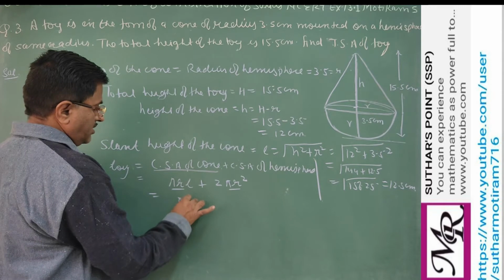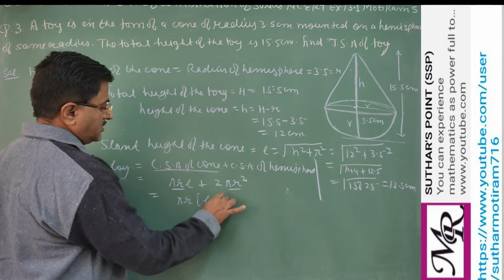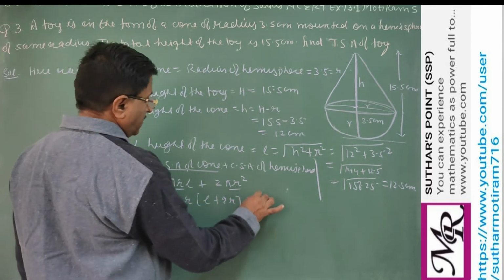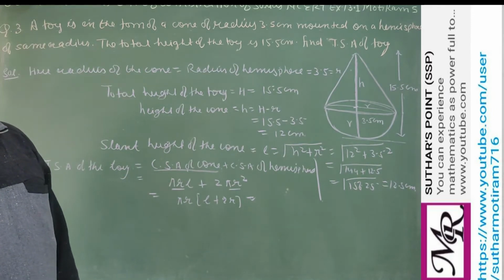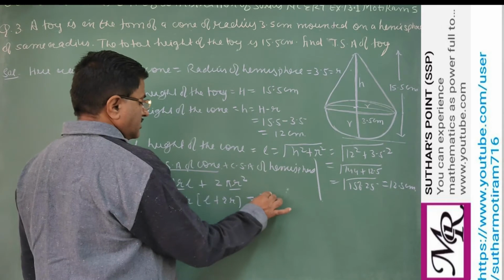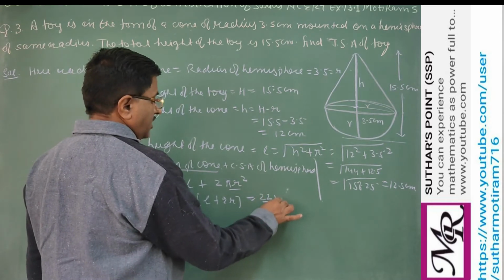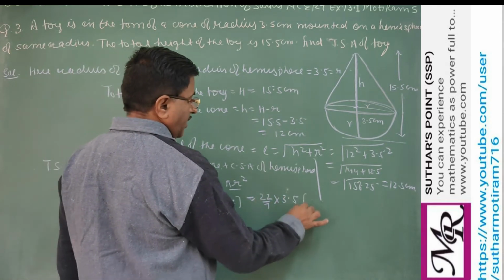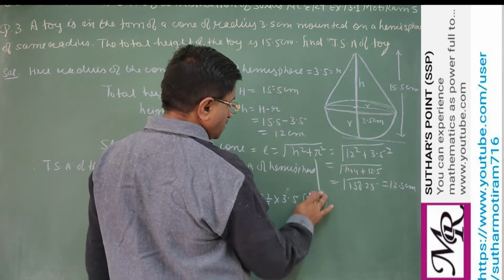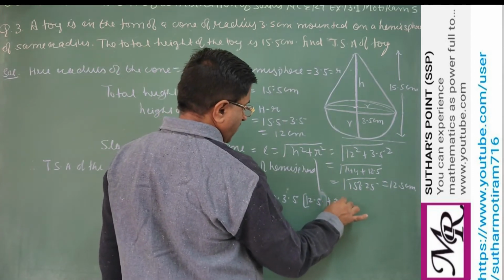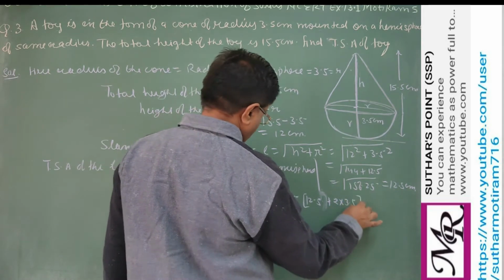If you take pi r common, left here is l plus 2r. So put the values. Pi is not given, it means you can use 22 by 7. r is 3.5, l is 12.5 plus 2r, 2 into 3.5.